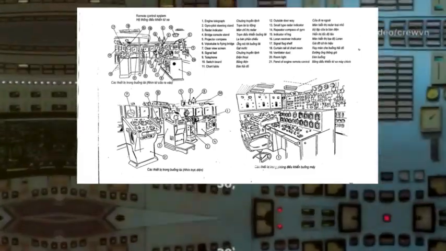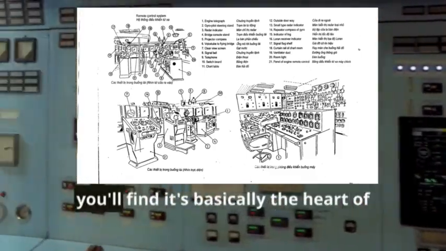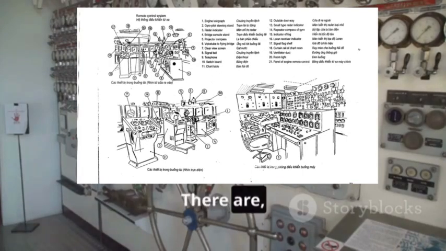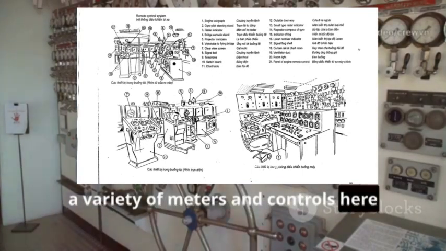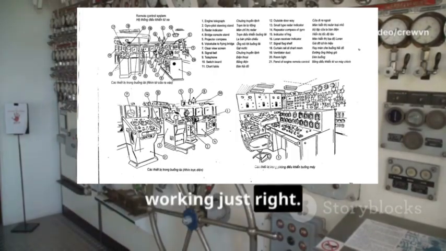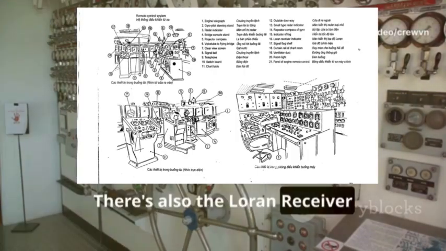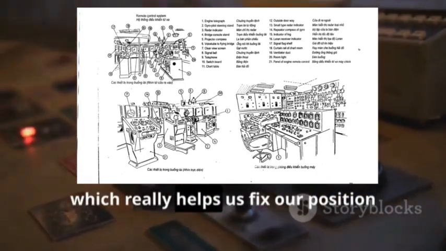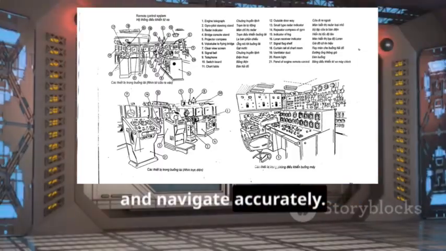So, in the engine control room, you'll find it's basically the heart of managing and monitoring the ship's engines. There are a variety of meters and controls here that make sure all the machinery is working just right. There's also the LORAN receiver indicator. This device picks up signals from LORAN stations, which really helps us fix our position and navigate accurately.